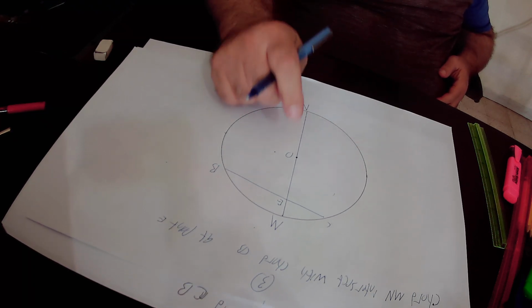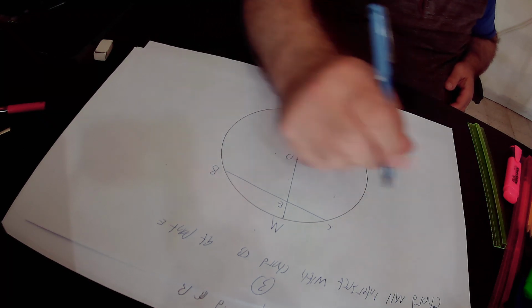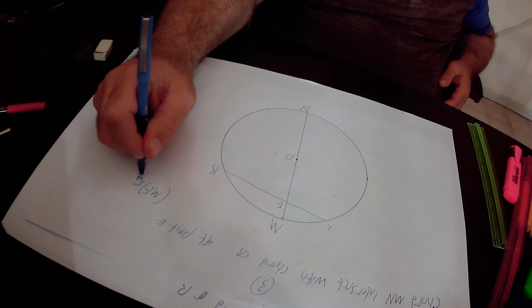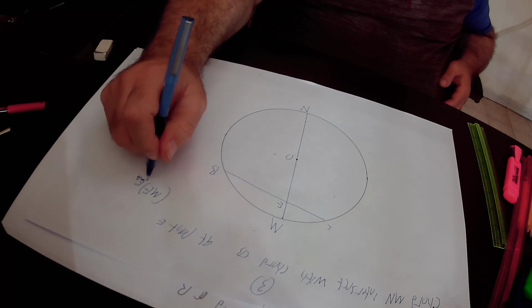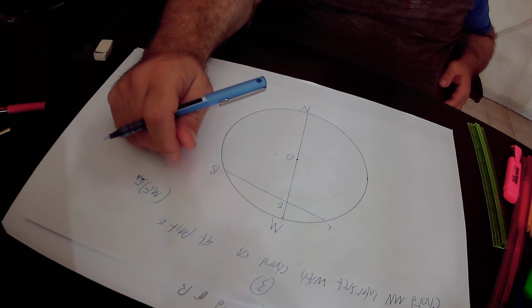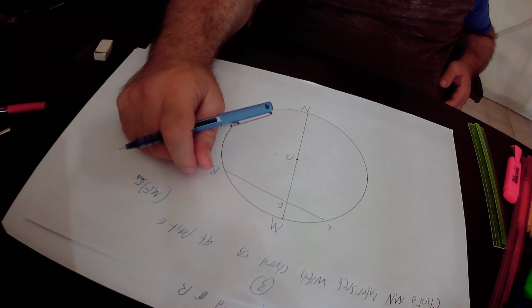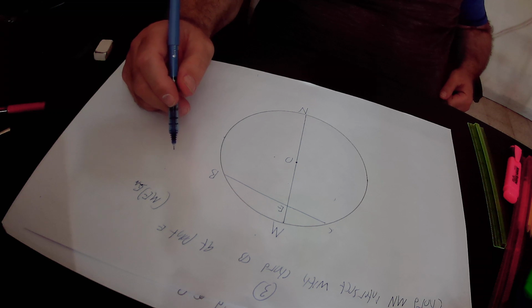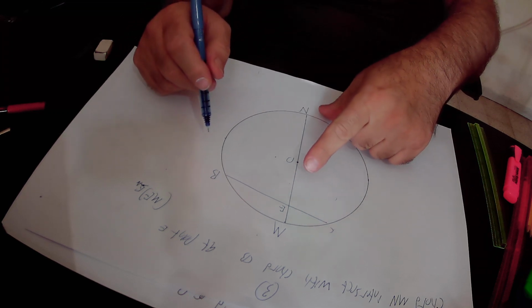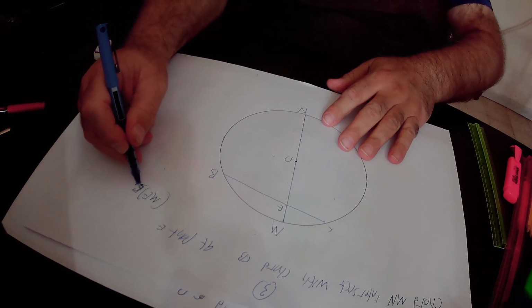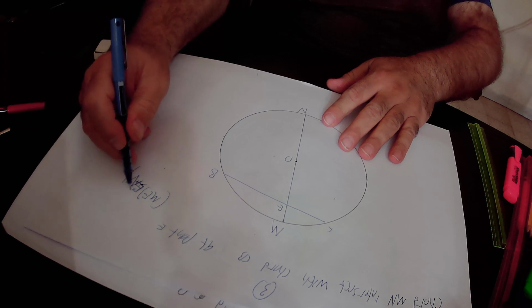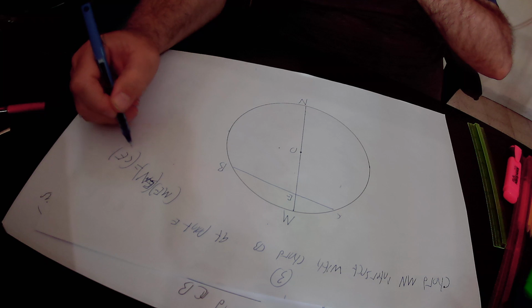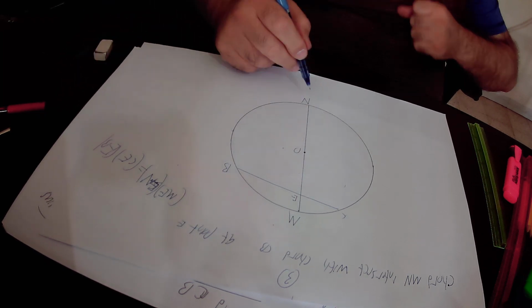Therefore, according to rule number 2, we get that ME times EN equals CE times EB. Again, ME times EN equals CE times EB.